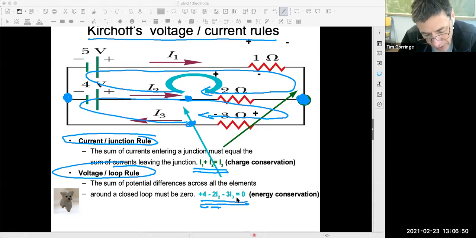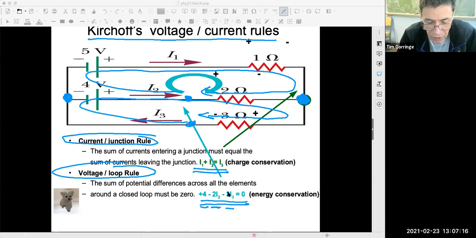The current is I3, so you see an I3 here. And the resistance of the resistor is 3 ohms, so you see the 3 ohms here. And again, because I'm walking in the direction indicated for the current, and current flows down the potential hill, this is a decrease in potential. So that's why there's a minus sign here.